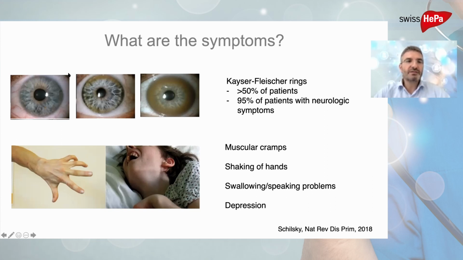You see on the left side a normal eye, in the center a beginning Kaiser-Fleischer ring, and on the right side a very developed Kaiser-Fleischer ring. But patients can also develop muscular cramps or neurological disorders that include shaking of hands, swallowing or speaking problems, and depression.